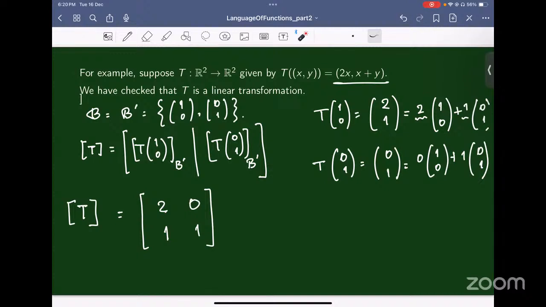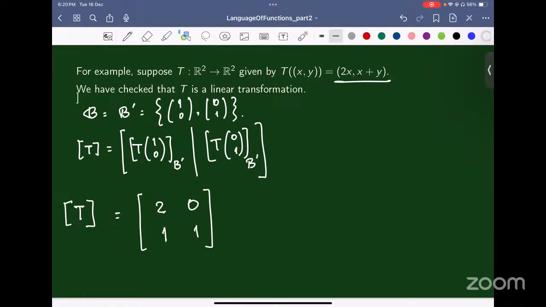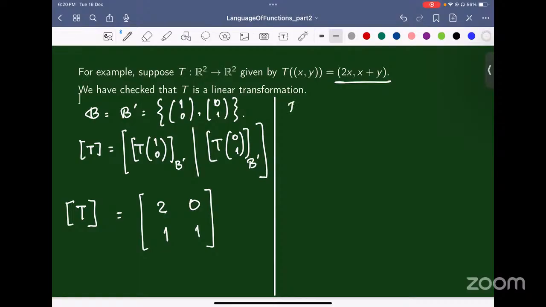Now, if you were to do the same with another basis, suppose I were to take, for simplicity, the same basis for both domain and codomain here. And suppose my basis were to be (1,1), (1,-1).